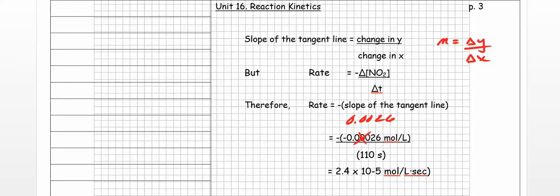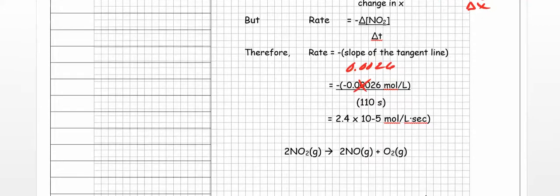By the way, I have a typo on your sheet. If you would change that to 0.0026, I think there's probably 3 zeros on your sheet. Make it 0.0026. So therefore, the rate would be, and we'll make it the negative of that, 2.4 times 10 to the minus 5 moles per liter per second. And I'll let you do that on your calculator.